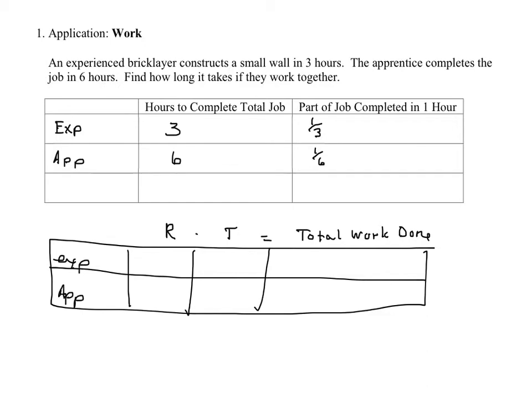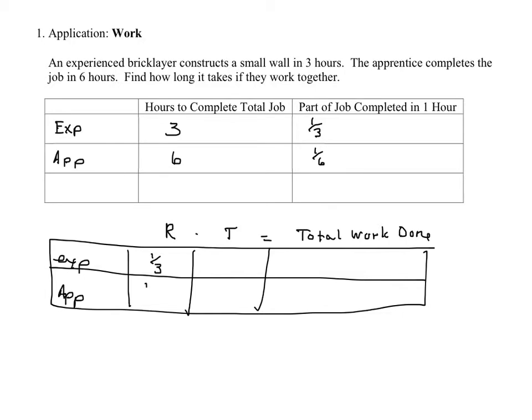The rate at which the experienced person works is 1/3. That's the part of the job completed in an hour. So he or she completes 1/3 of the job per hour. Per hour, it's a rate.